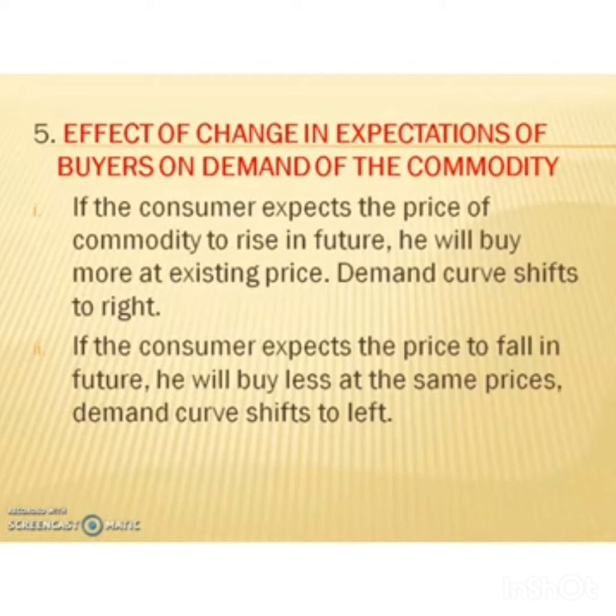So the demand curve shifts to the right. Then if the consumer expects the price to fall in future, he will not buy at the existing price, he will buy less at the same prices. Then the demand curve shifts to the left. Okay, so this is the effect of change in expectation of the future by the buyer on demand of the commodity.